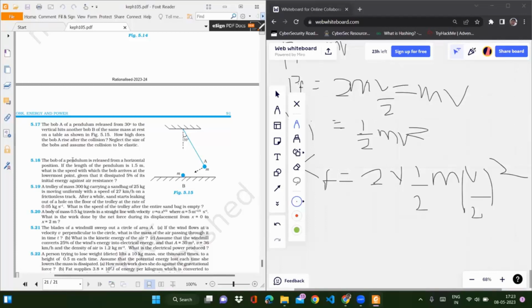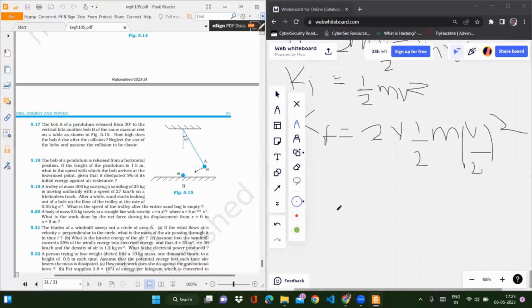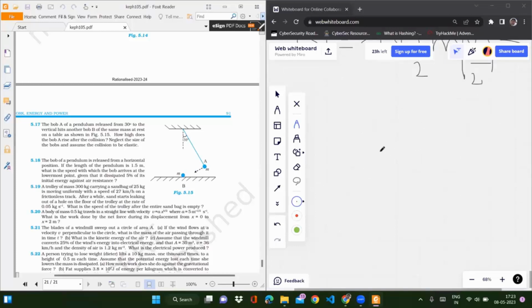So the bob will travel here and hit the other bob, and it is given that both have the mass m, A and B. So if we consider the time of collision, we don't know what velocity this bob will attain, as we have not calculated it, but let it be v.